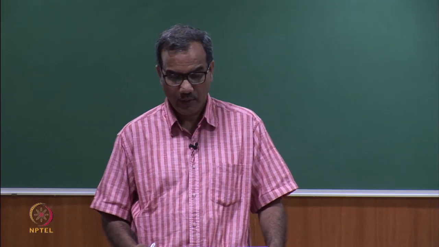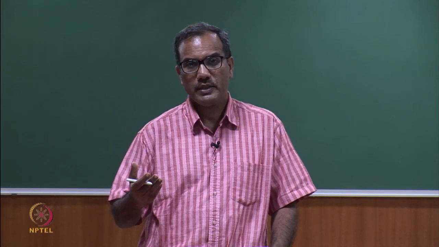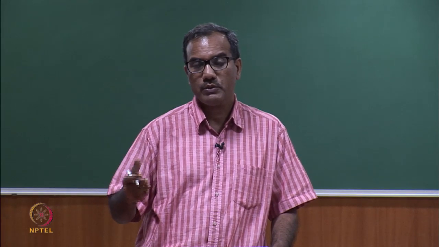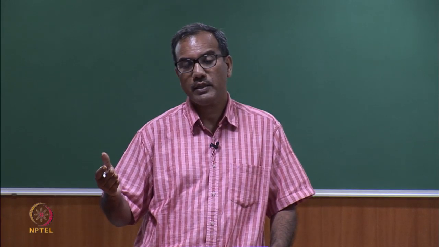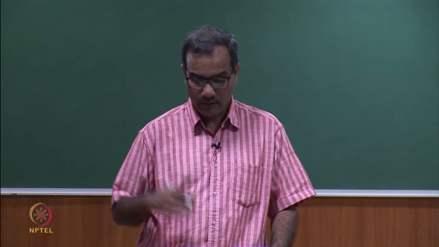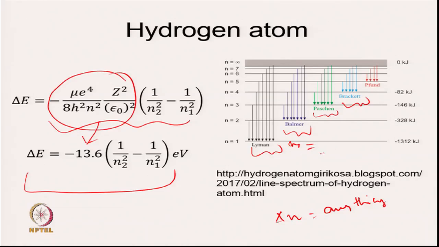When I say any higher value of n here, what I mean is that n2 should be greater than n1. So n1 can be of any higher value, n2 will be always 1 in the Lyman series.